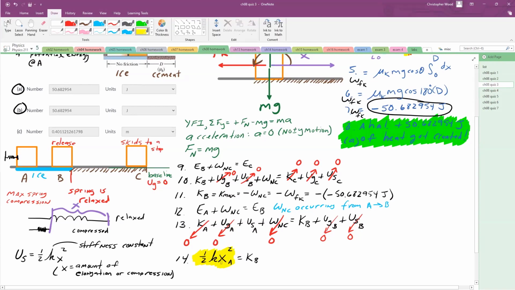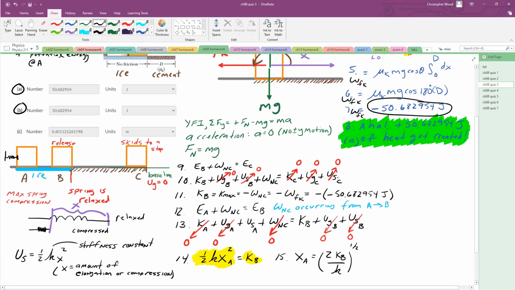On the left side, on the right side, it's KB, and I already have an answer for KB. I know what that is. So I'm going to just isolate XA. XA is going to equal the square root of 2 times KB, which I have a number on, divided by K, and I know what that is. That's the spring stiffness constant.